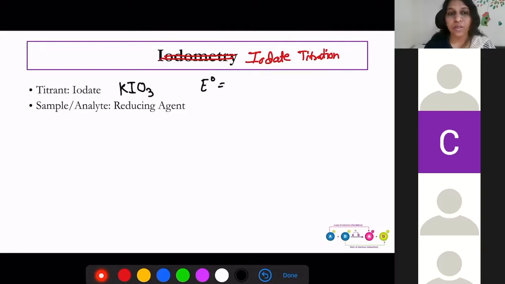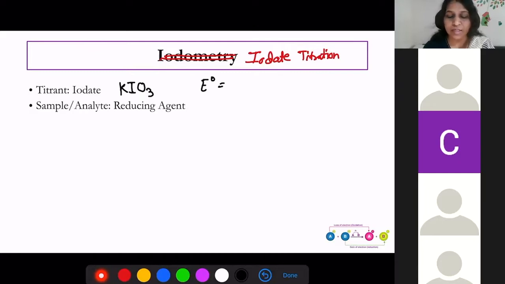So it is important that whenever you are using potassium iodate as titrant, the reaction condition should be acidic, because if the reaction conditions are not acidic, the E0 is around 0.2, so it does not behave as a strong oxidizing agent.